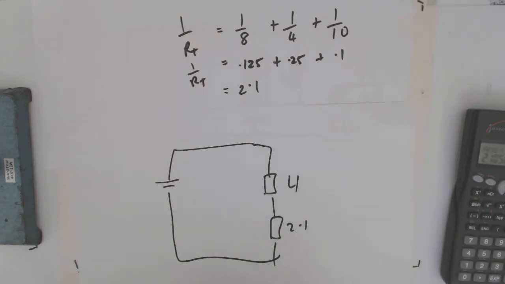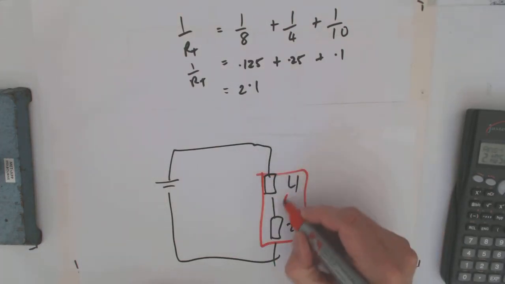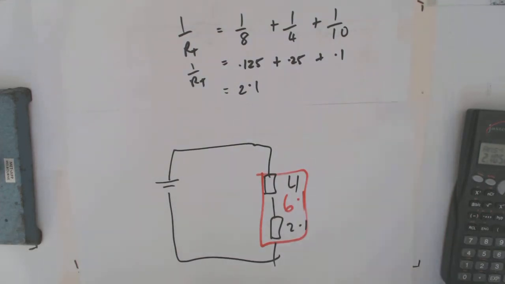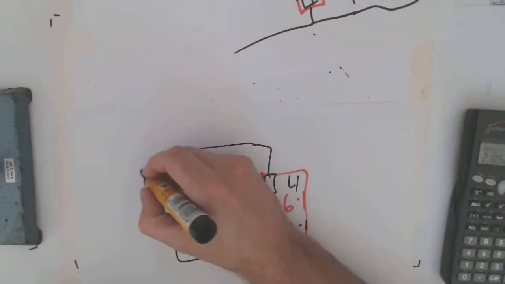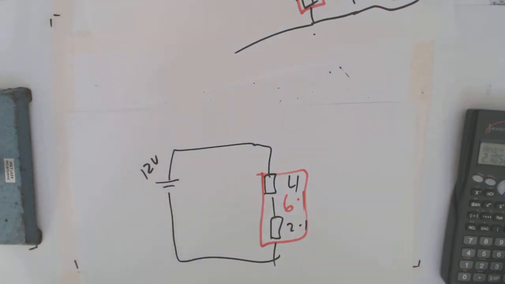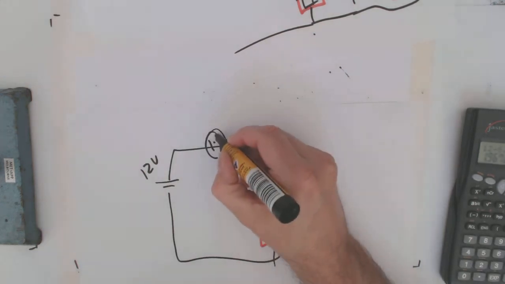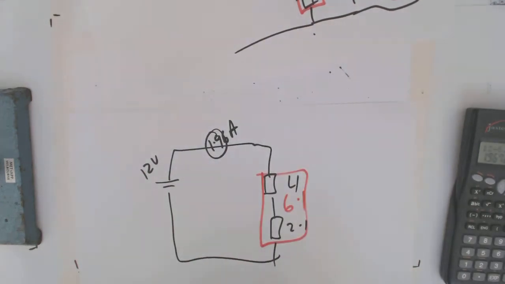That's a series circuit, 6.1. If I want to know the current in it, well, what's the voltage? We go back to the original circuit, and we say 12 volts divided by 6.1, and I know that my current would be 1.96 amps.